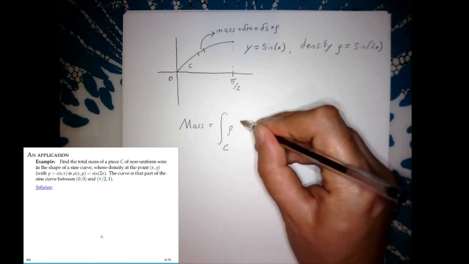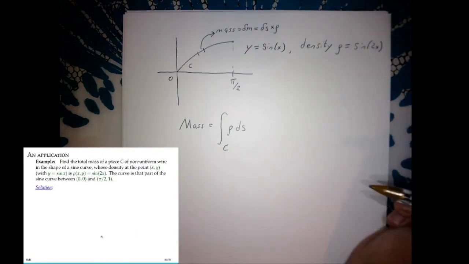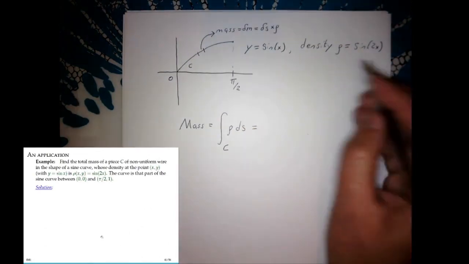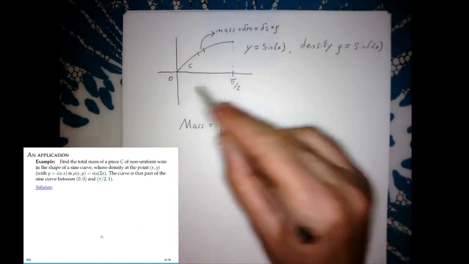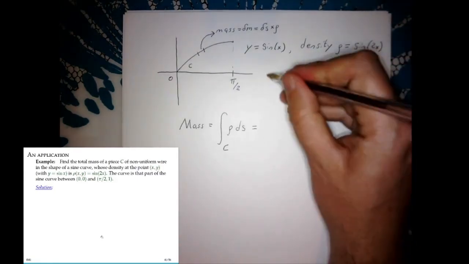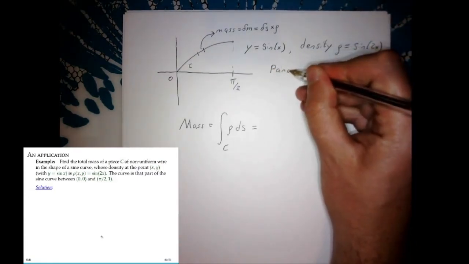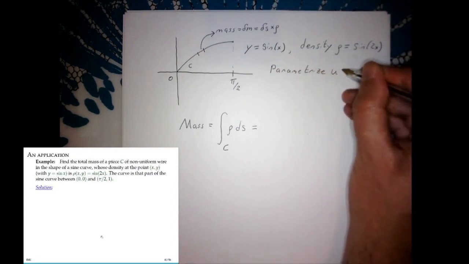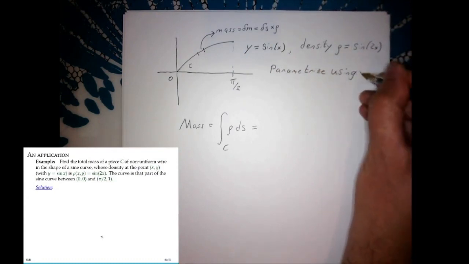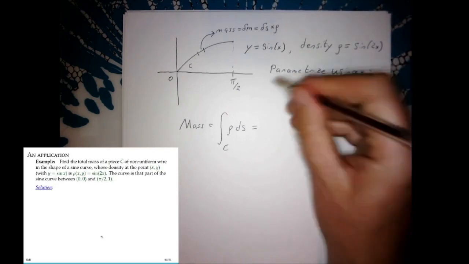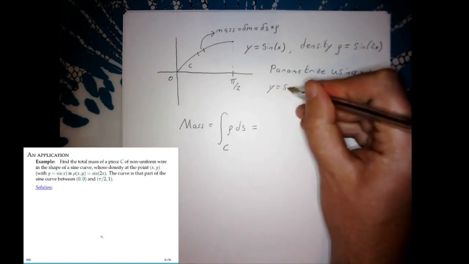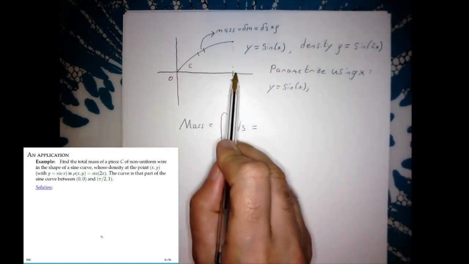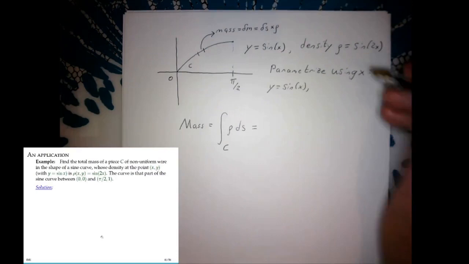So rho ds. Okay, and so we can parameterize this curve by the x-coordinate yet again. So parameterize using x. X is the parameter, and y is sine of x. And x goes from 0 to pi over 2 as we move along this curve.